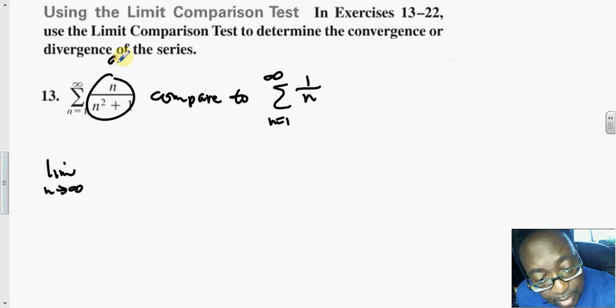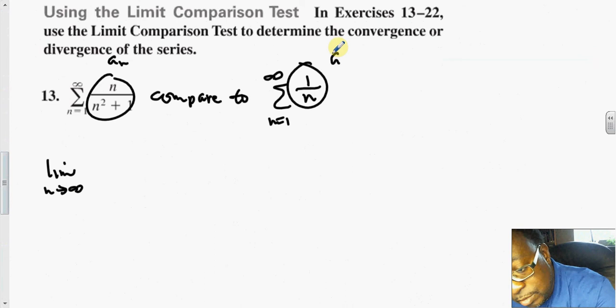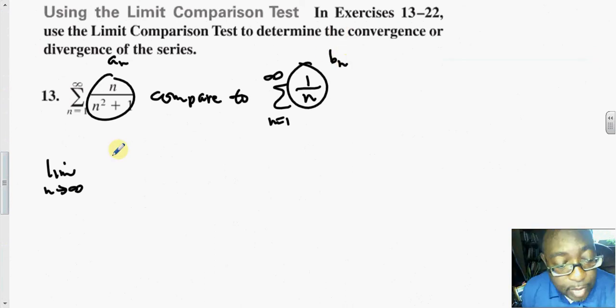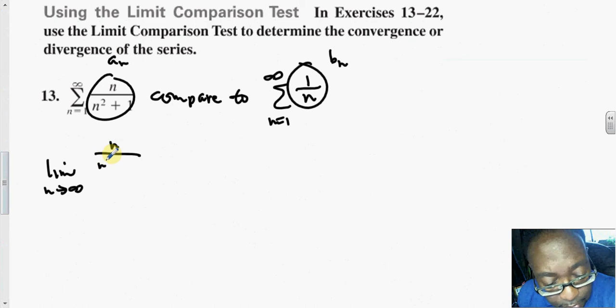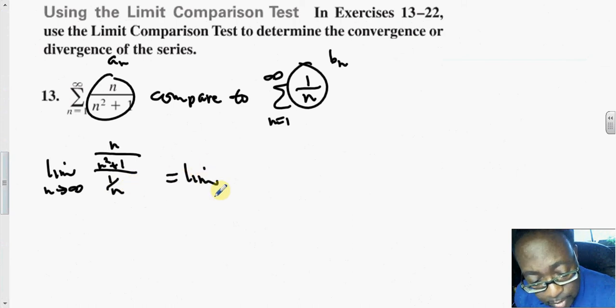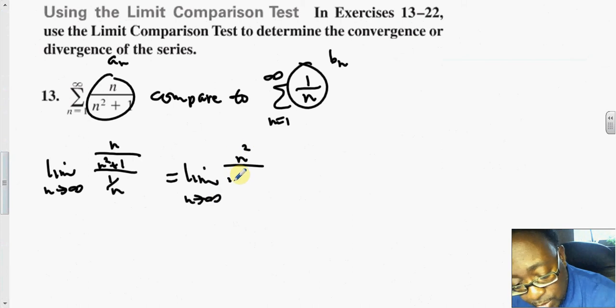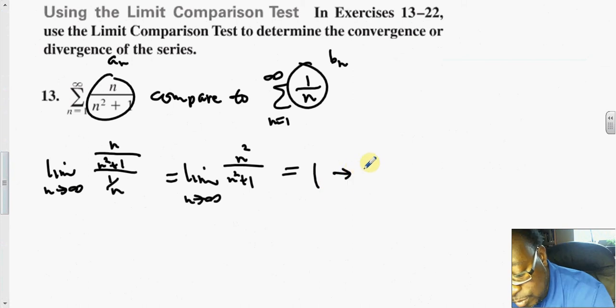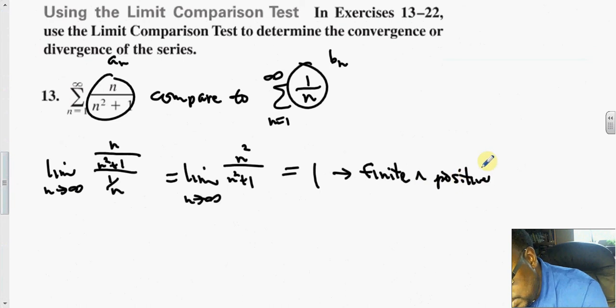We look at this as being a sub n, and we look at this over here as being b sub n. So we have n over n squared plus 1 all over 1 over n. This is the limit as n goes to infinity. This becomes n squared over n squared plus 1. That limit is equal to 1, where 1 is indeed a finite and positive number.